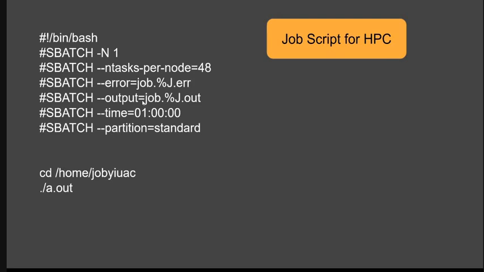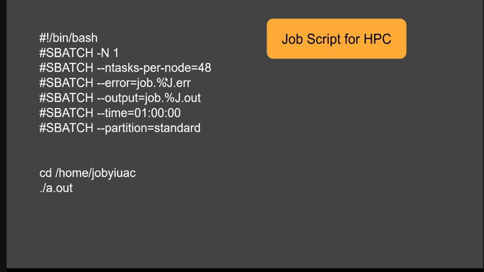I want this to be the name. And error, why? If some problem occurs during the program execution, some runtime error occurs, the output will be blank. But for you to find out what that error was, you need this error file as well. So that's why the error is here.